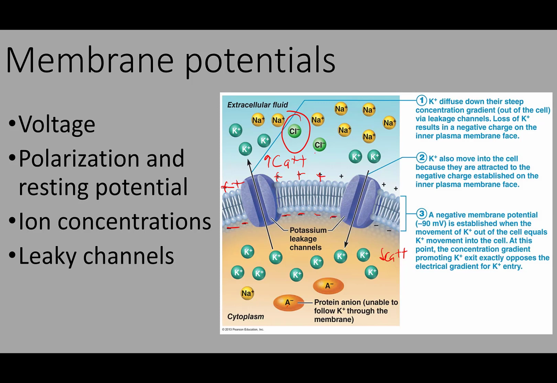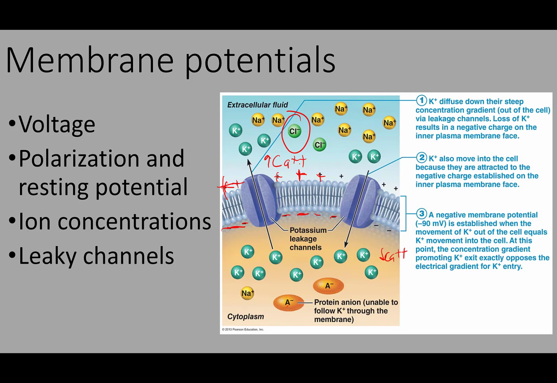The outside of the cell by itself is not positively charged, the inside of the cell by itself is not negatively charged. When compared to each other, the outside of the cell is more positive compared to the inside. The inside of the cell is more negative compared to the outside.